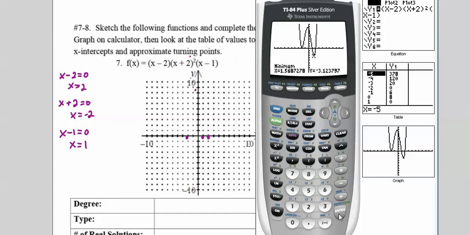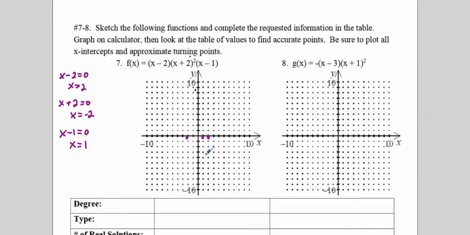So about 1.6, negative 3.1, 1, 2, 3. So right about there. Alright, so now we want to sketch the polynomial in.